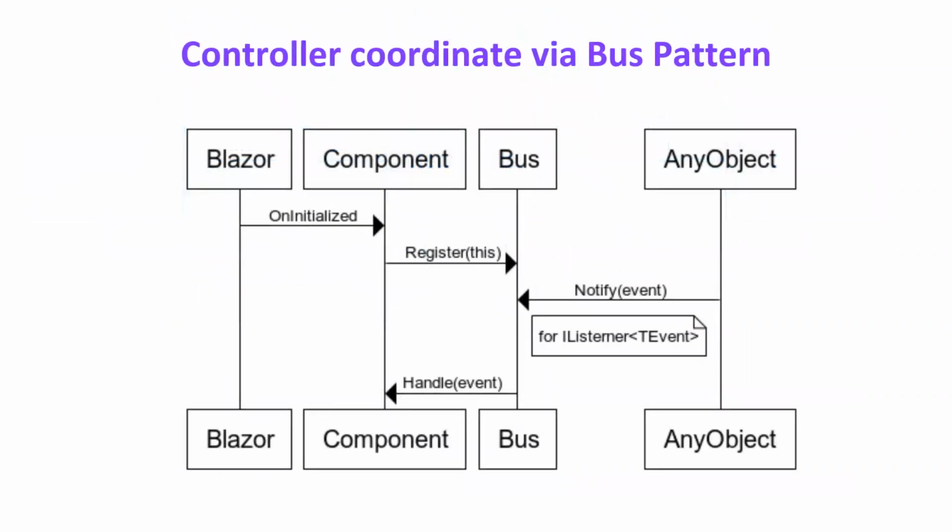Okay, so we'll get to a code demo really quick here, but I just wanted to cover one more sequence here with the controller. So Blazor has OnInitialized and some other events. And what we're going to couple controllers with is an application-wide bus pattern.